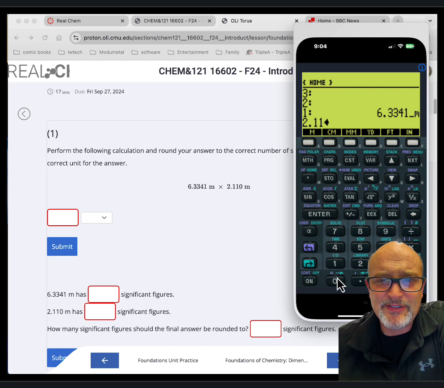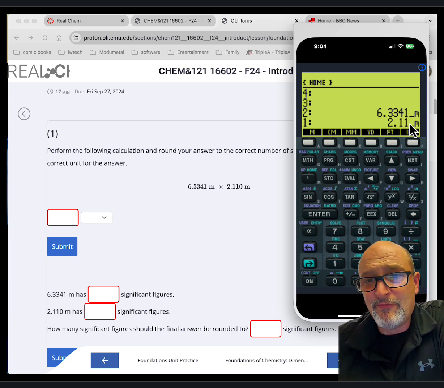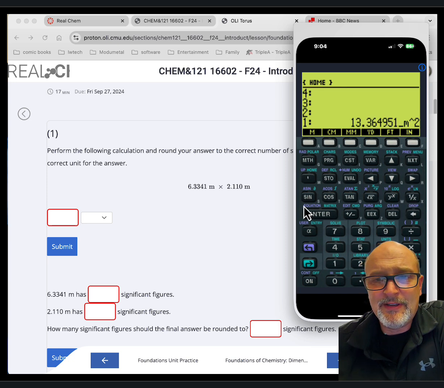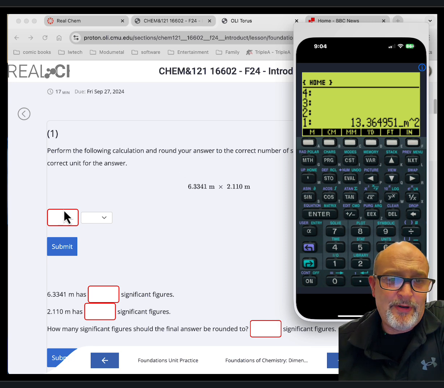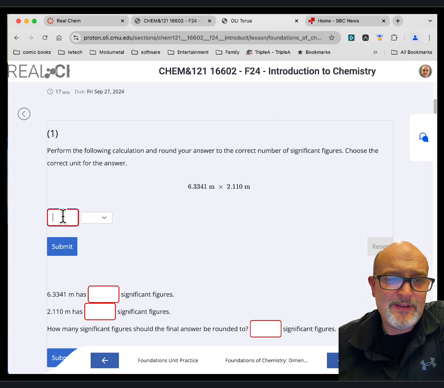Now notice this thing doesn't know about this 0 being significant or not, so it won't record it. If I wanted to force it to record it, I would write this in scientific notation. I'm going to multiply them. I'll take the object in the first and the second positions of the stack, multiply, and you get 13.364951 meters squared.